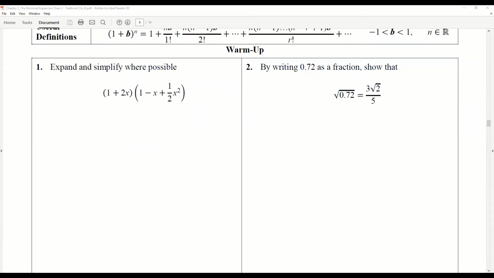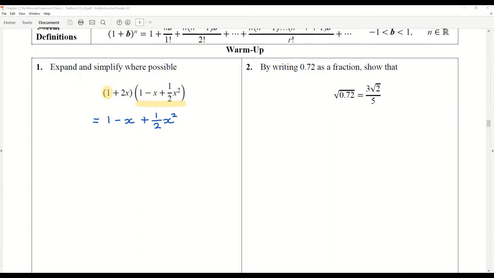A good thing to do would be just to let's start with a 1 here, and we'll multiply everything inside this bracket by 1 first, which is easy enough, isn't it? So let's do that. So this expression is going to equal, first of all, 1 subtract x plus 1/2 x squared. That's just simply multiplying everything by 1.